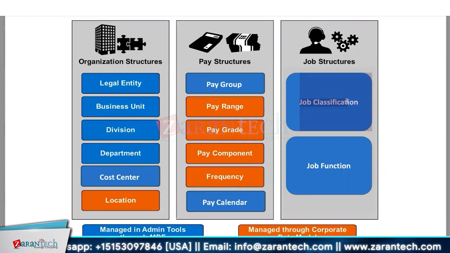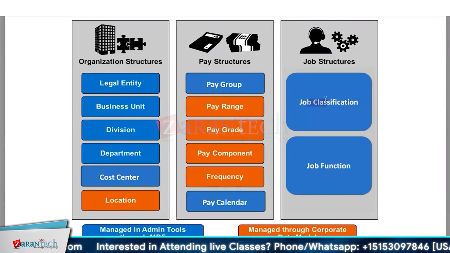Sales manager is a position, manager is a job. HR manager, again, manager is a job, HR manager is a position. Finance manager, same, manager is a job, finance manager is a position. So manager as a generalized thing is a job. Specific things, sales manager, finance manager, HR manager, those are called positions. Generalized manager is a job. Consultant is a job. Director is a job.